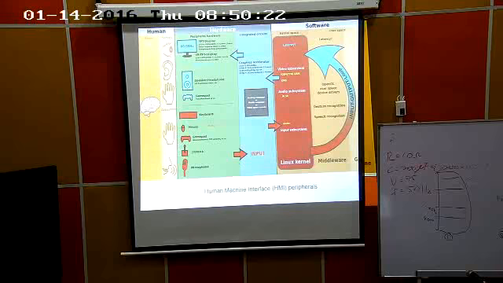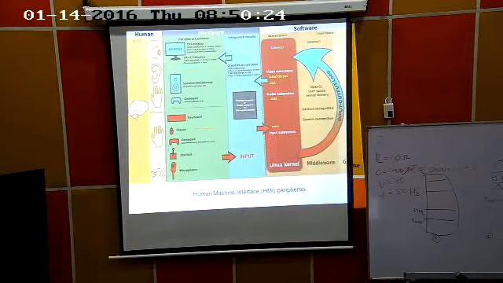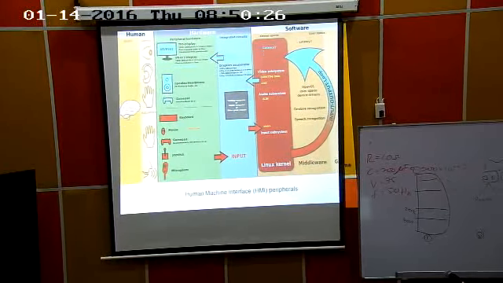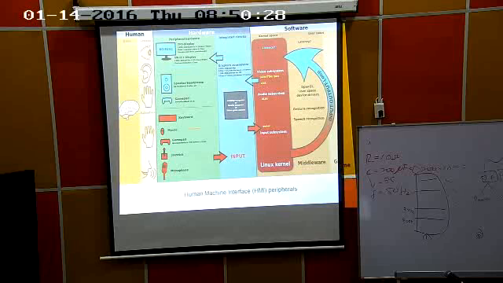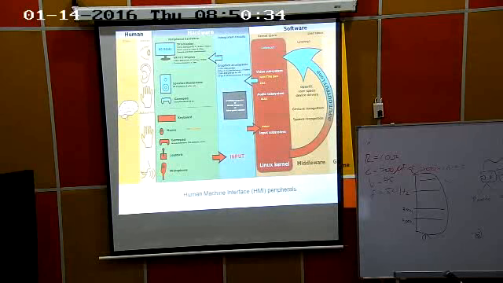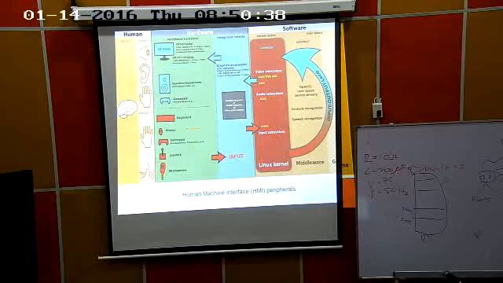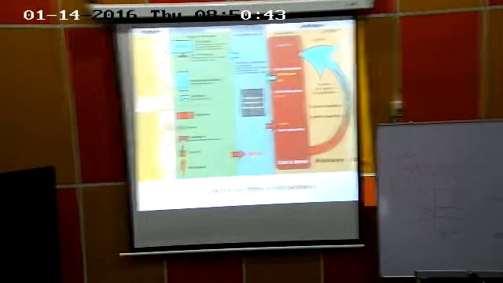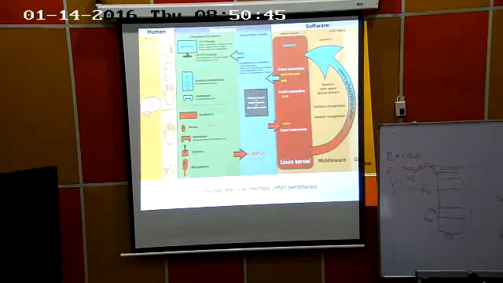In humans, this is the diagram here. For human peripherals, this is your processor, your brain. Is there another processor in humans? The heart? The brain processes information and sensors.